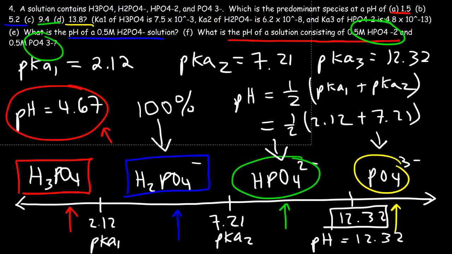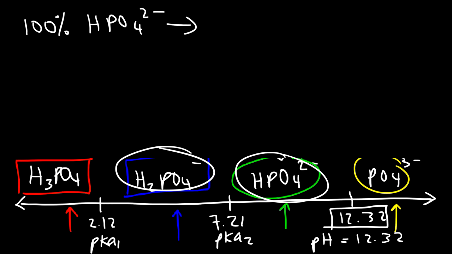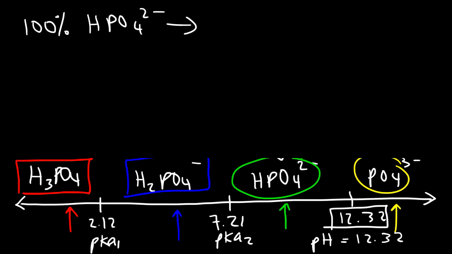So let's review what we just learned briefly. Let's say we want to calculate the pH of a solution that's almost 100% HPO4 2 minus. If you just have one of these, to estimate the pH is simply the average of the two pKa values. So we just got to average 7.21 and 12.32.